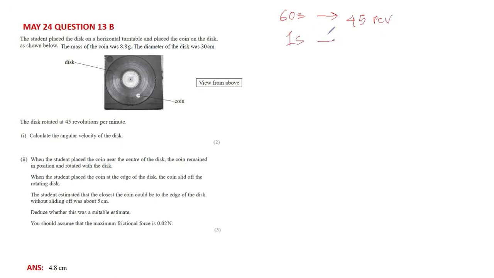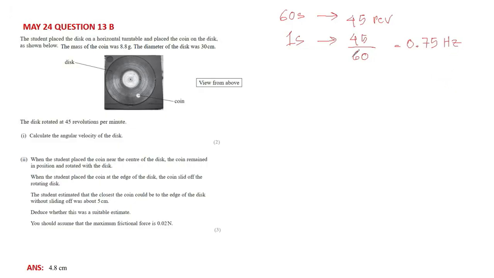So in 1 second, it should be 45 divided by 60. So 45 by 60 is 0.75, and whatever happens in 1 second, you call that the frequency. So it should be 0.75 hertz.